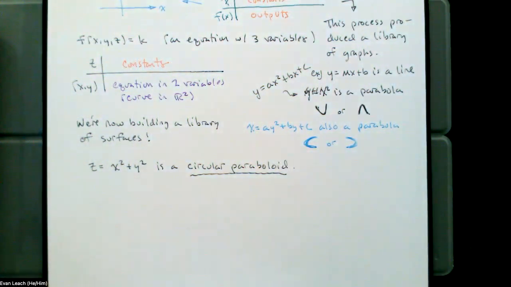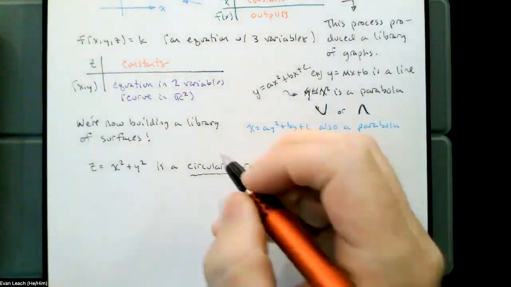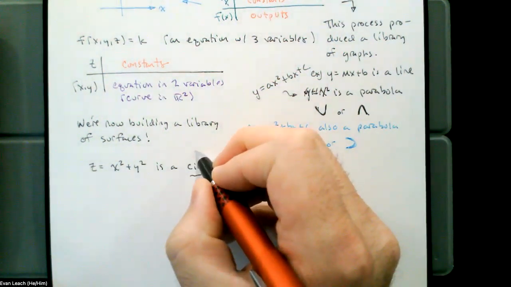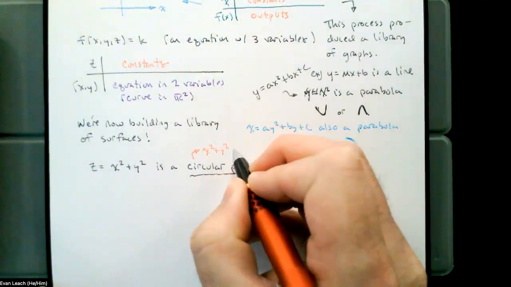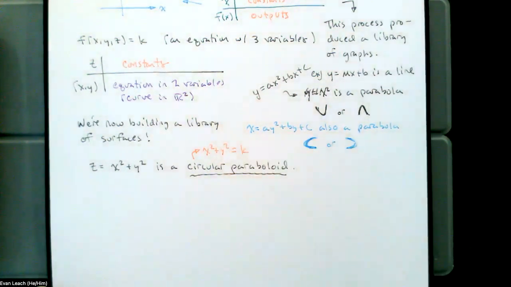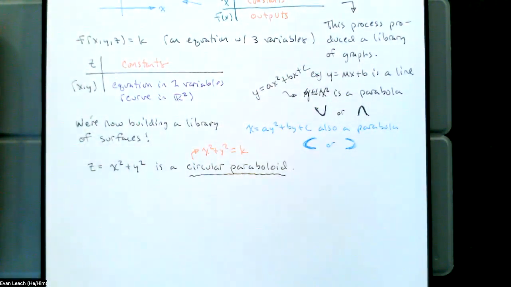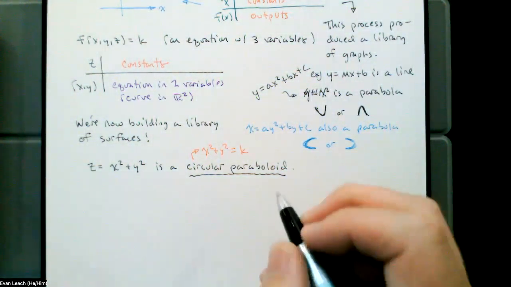So it's circular when we view it from the top. That's when we have fixed values of z. That's going to produce a circle. But when we have fixed values of x or y, we view things from the side.